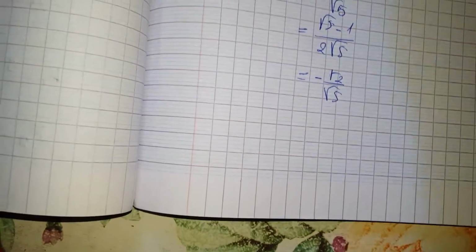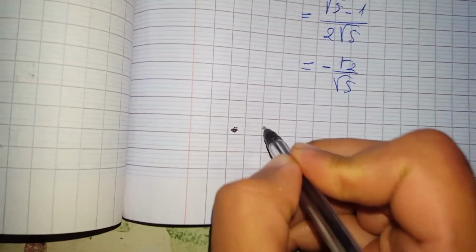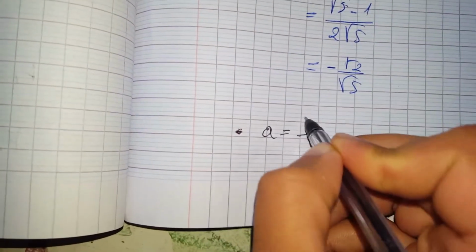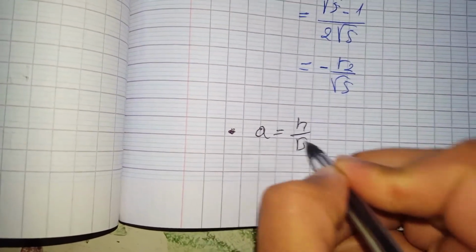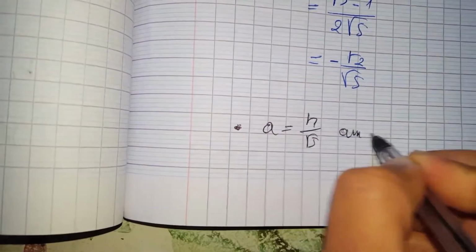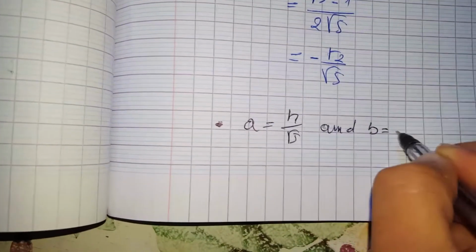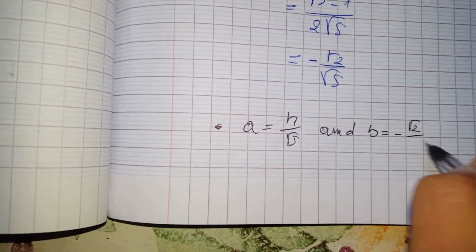So now we have found our a and b. a is r1 over square root of 5, and b is minus r2 over square root of 5.